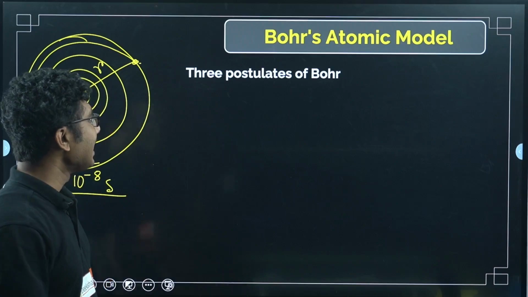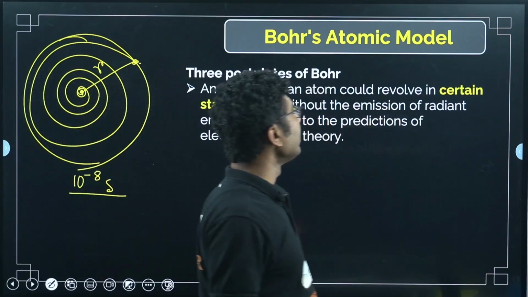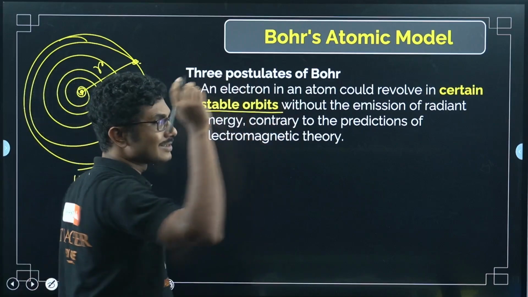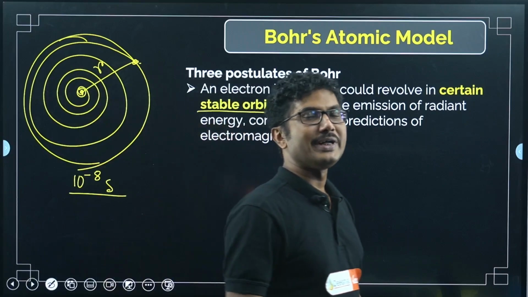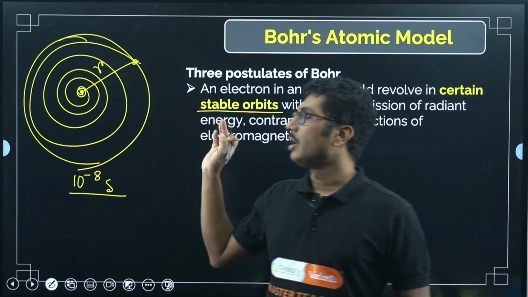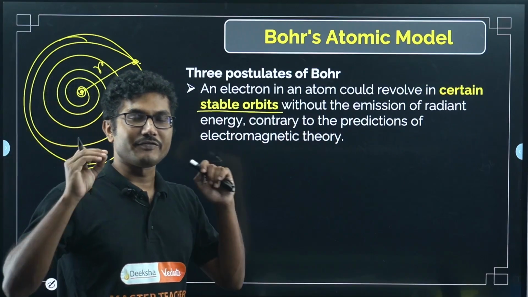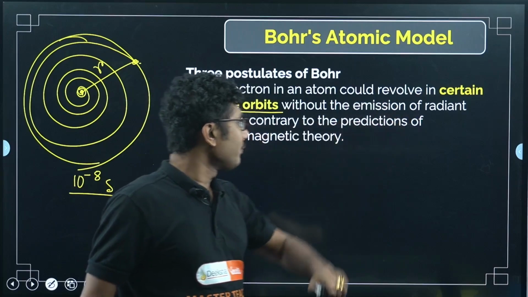What boundaries? He said, first of all, an electron in an atom could revolve in certain stable orbits, only in certain stable orbits. So he said electrons cannot orbit in any random orbit, there has to be some specified fixed orbit, without the emission of radiant energy.